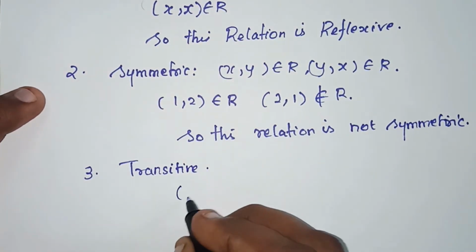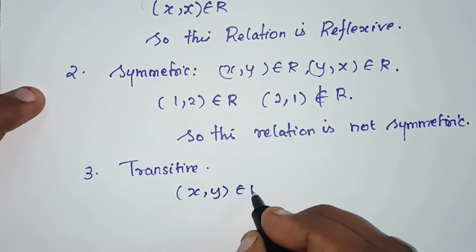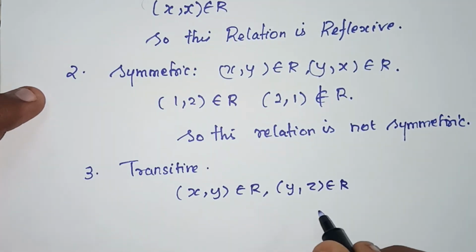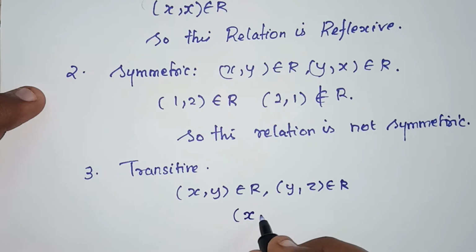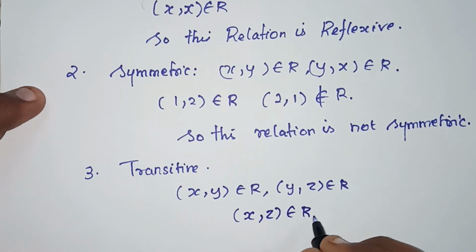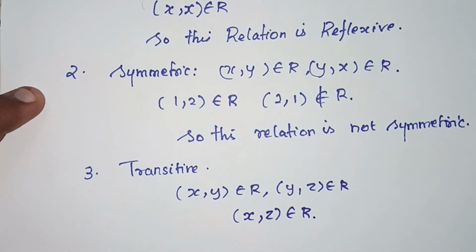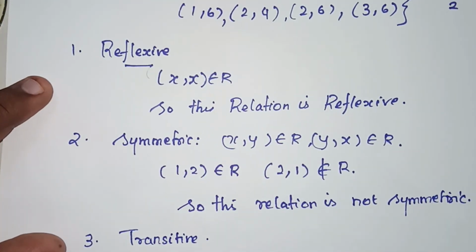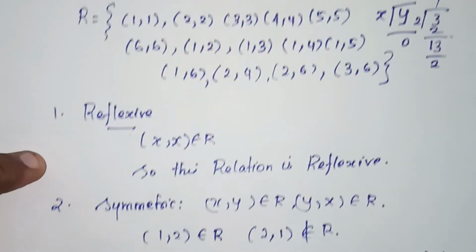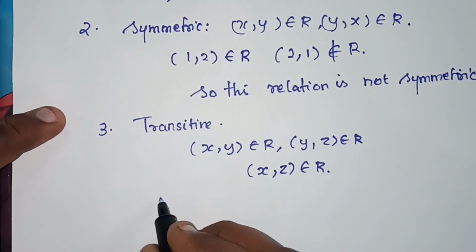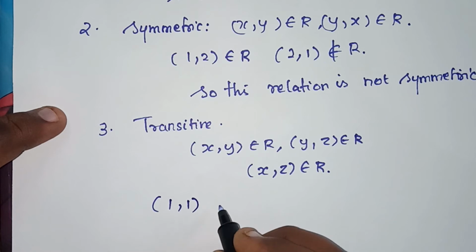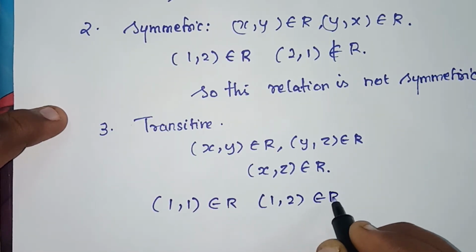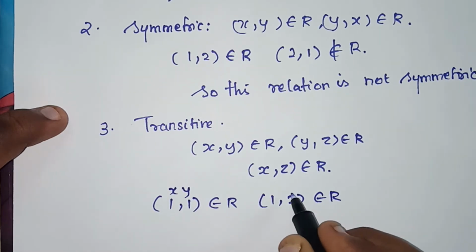Transitive means (x, y) belongs to R, (y, z) belongs to R, that implies that (x, z) also belongs to R. This is the transitive property. So let us take an x, y, z example. In this relation set, I am taking (1, 1) belongs to R. (1, 2) belongs to R. So this is x, y and z.